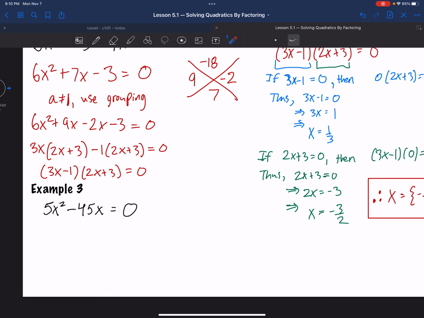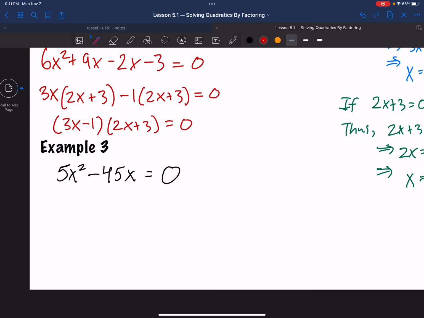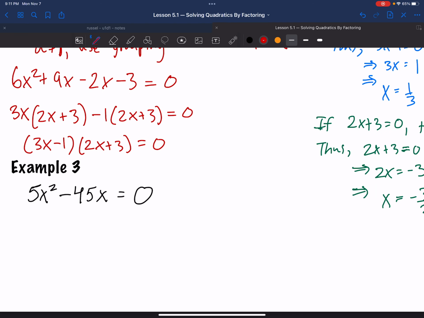All right, now last example here, example 3. This is just a quick one using GCF because I wanted to throw this in here to remind you that's always what you should be looking for first is greatest common factor. Don't try and factor this using the cross puzzle. Just notice that they both have 5x in common and that this is now x minus 9, which equals 0.